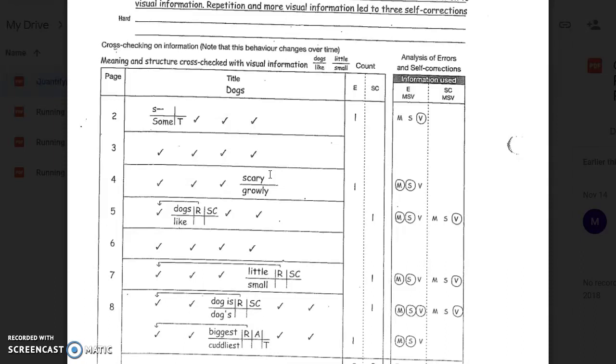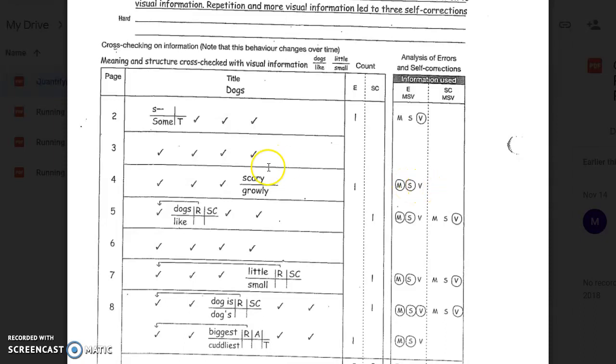You will have that, because you'll be looking at the book the child read from when you're analyzing the data. We can imagine by looking at the picture that the dog was scary if it was growly. So you circle that the child was relying on meaning by looking at the picture. And it's the same part of speech, so the child was relying on structure, or syntax, as well.